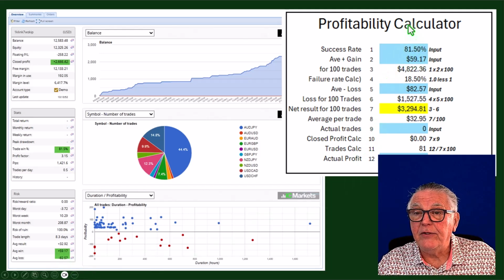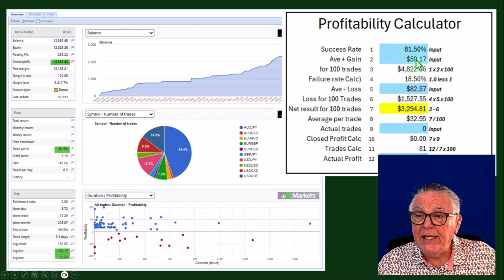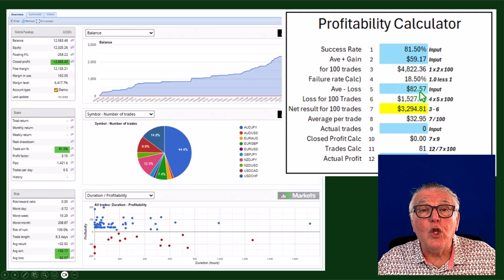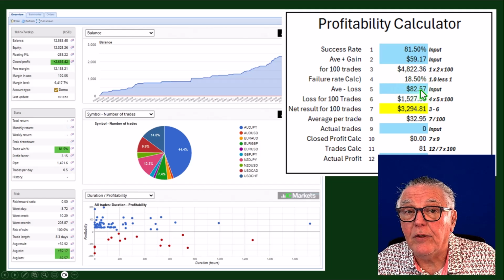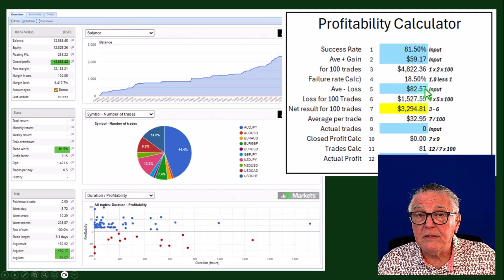So we plug that into the profit calculator. We say there's the success rate, there's the average gain, and therefore if I traded 100 trades, that's the number that I'd get. And here's the failure rate. That is the loss that I make per trade on my failed transactions.